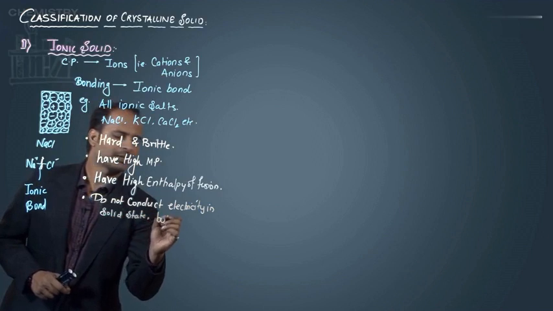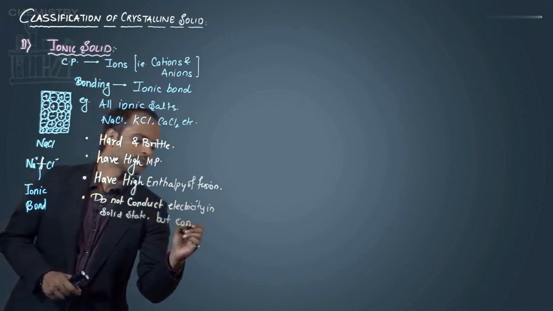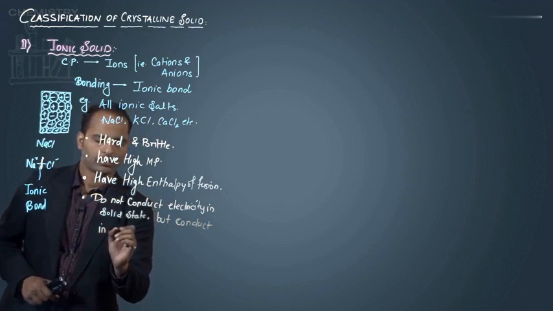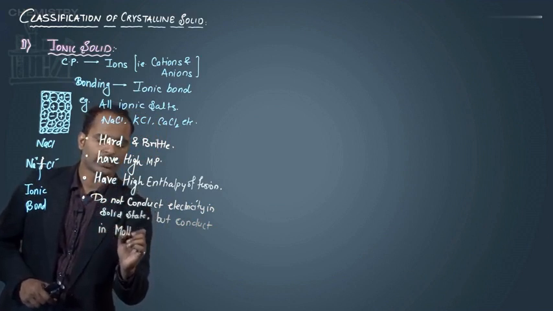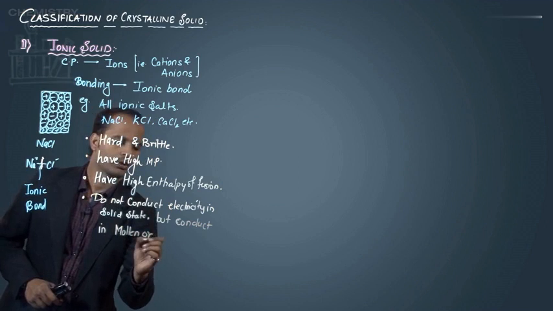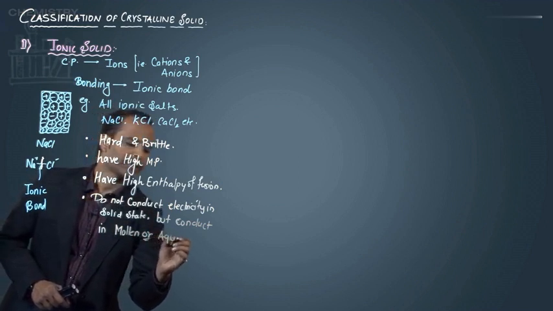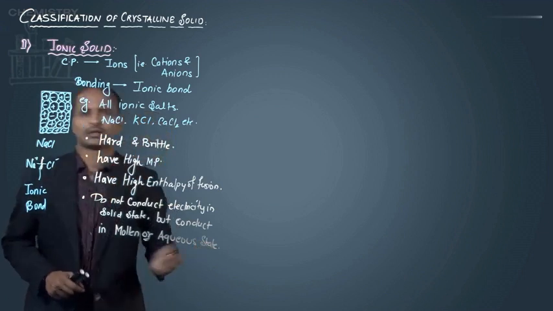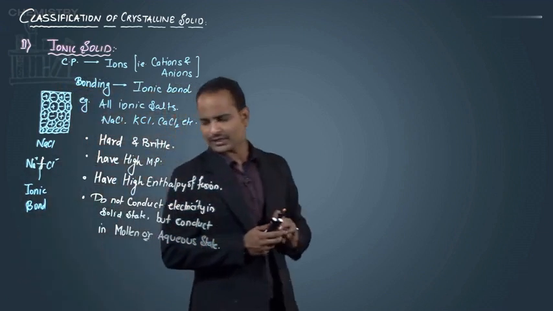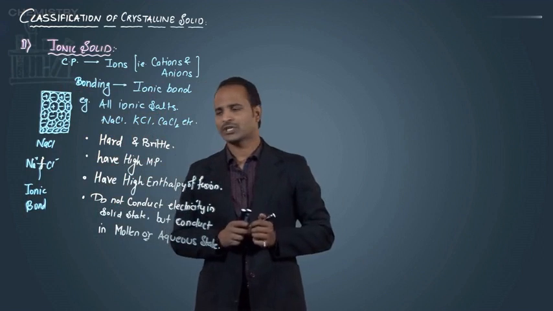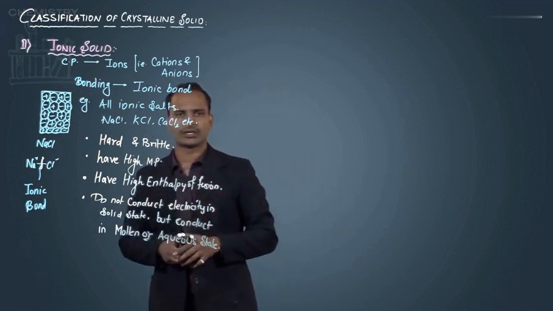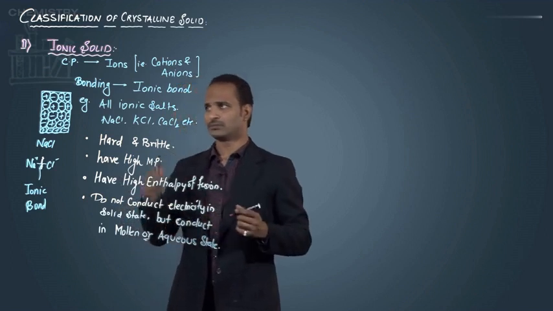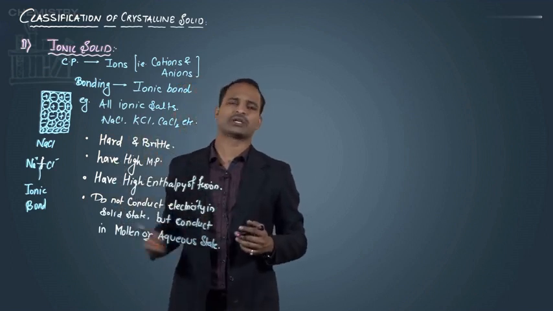But at the same time, in molten, that is a pure liquid state, or aqueous, meaning where the solid is dissolved in water, it conducts electricity. So it conducts electricity in a molten or aqueous state, but does not conduct electricity in solid state. So this is about the second type of crystalline solid, that is the ionic solid.